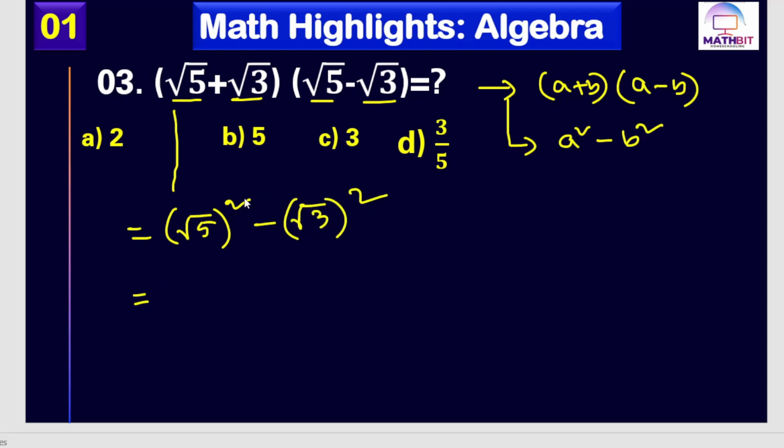So root 5 square means root and square cancel out, here is 5, also here root and square cancel out, minus 3. So the answer is 5 minus 3, it's 2, right? So 2 is our right answer. It means the right answer is number A, which is 2.